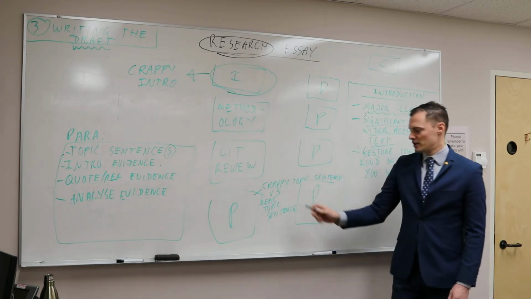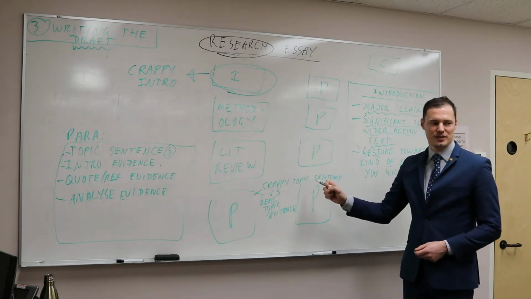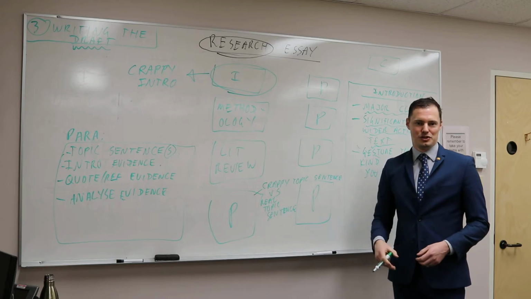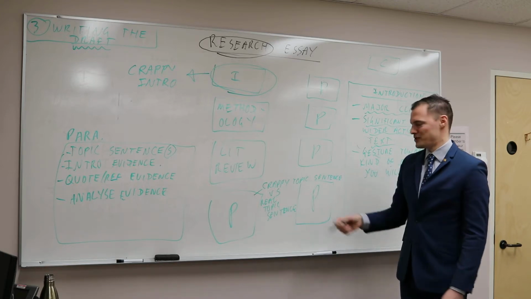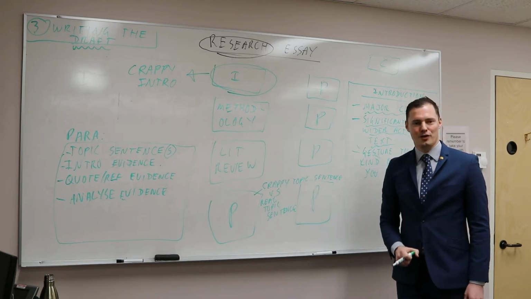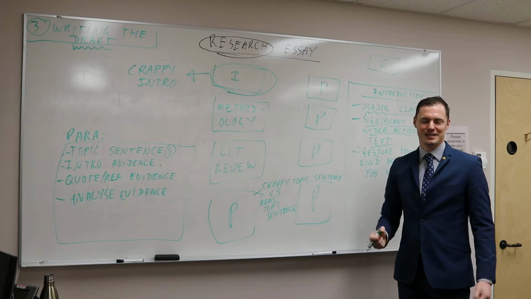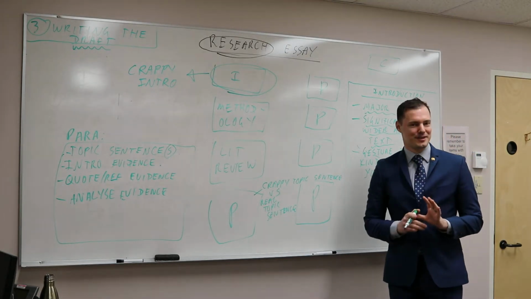And again, you're going to generate a real topic sentence in the editing phase, but you need a crappy topic sentence in order to actually explain to yourself as well as to the reader what the function of the paragraph is going to be. If you can't do this, your paragraph probably has no function and you need to delete it. Which again is why you have to do the editing phase.